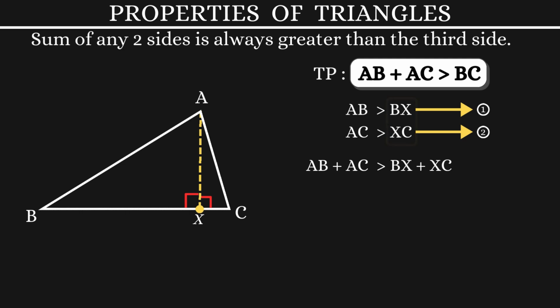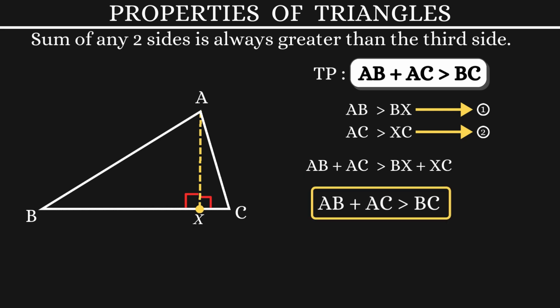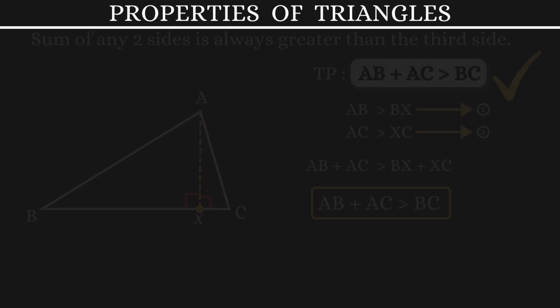Here, we can say that BX plus XC is nothing but the side BC. So, our inequality becomes AB plus AC is greater than BC, and thus we have proved the property. With that, we move on to our last property.